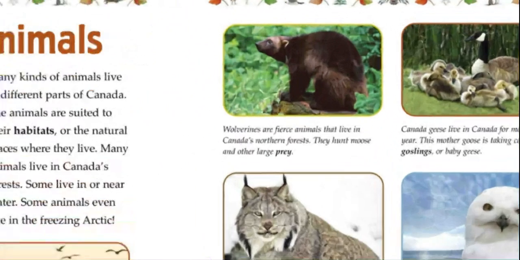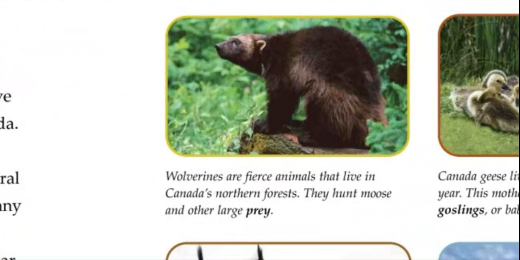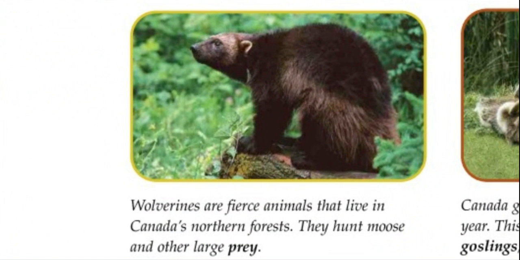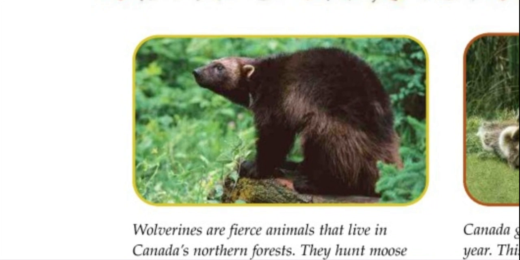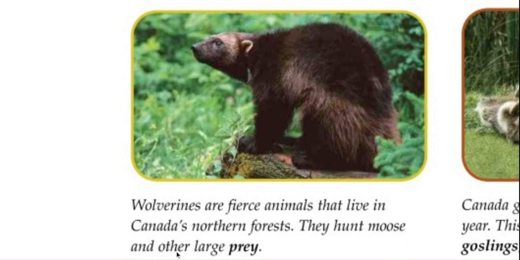Ooh, one of my favorites. This is a wolverine. They might look pretty cute, just like a baby bear cub, you can call it, but they are very deadly, and don't let their cuteness fool you. So don't go near these.